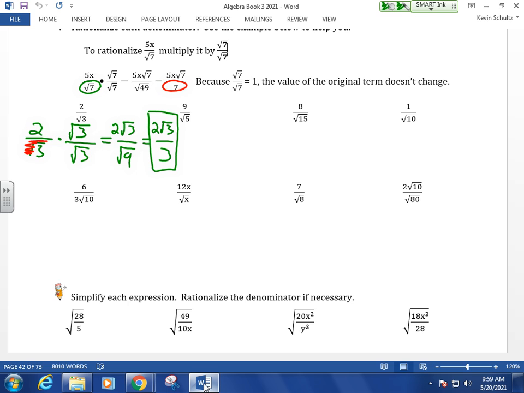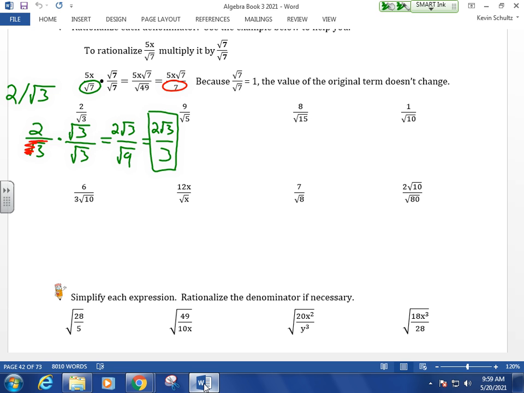On the test, if you've got no variables to deal with, checking your answer is relatively simple. Go to your original expression and in your calculator type in 2 divided by the square root of 3. You're going to get a nasty decimal. That's okay. Then take 2 root 3 divided by 3 and make sure those decimals match, because you're not changing the value here.